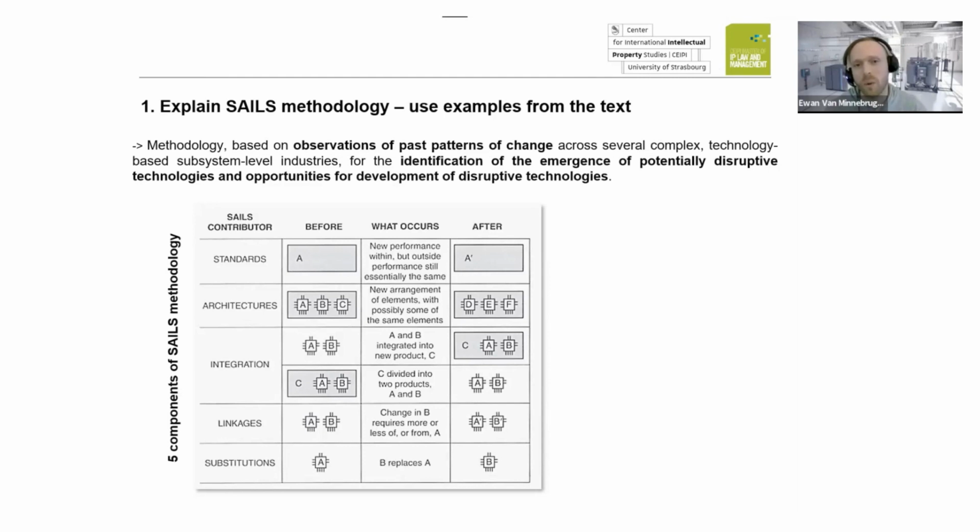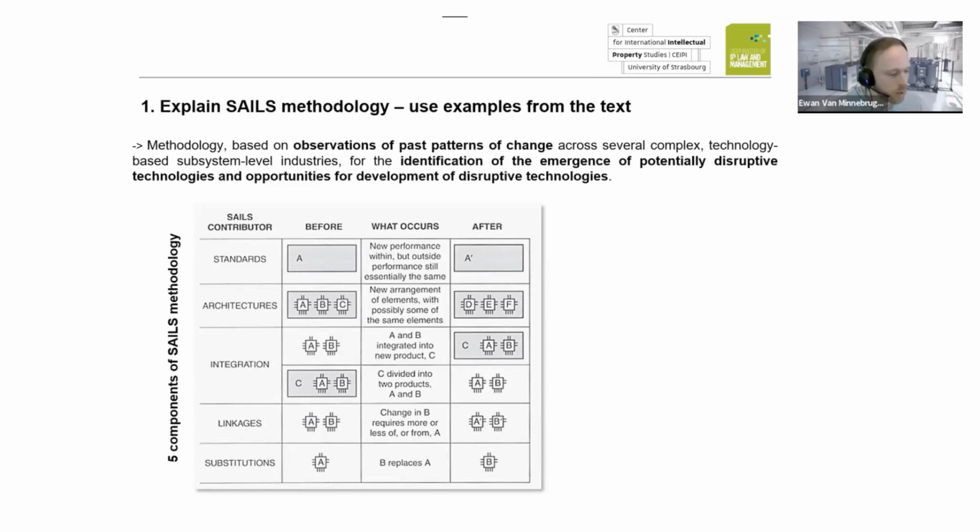Maybe we want to be the cause of the disruption as well. We have 5 components in the sales methodology: the changes in industry standards, changes in architectures, then various forms of integration and disintegration of elements, linkages between the various elements across the supersystem, and substitutions within the subsystem.